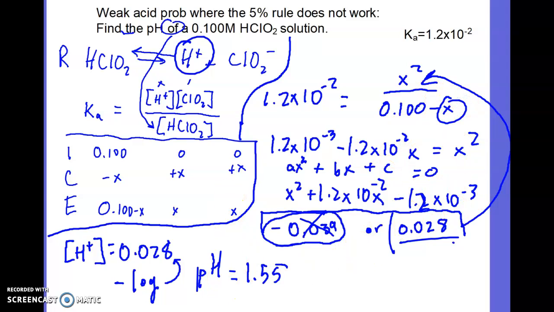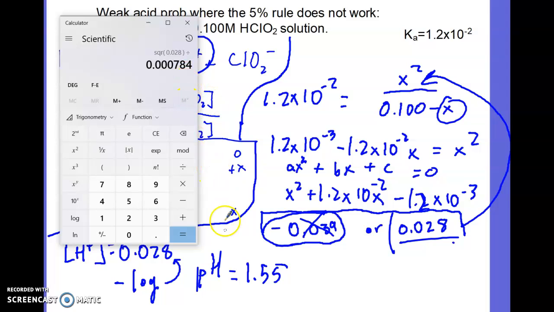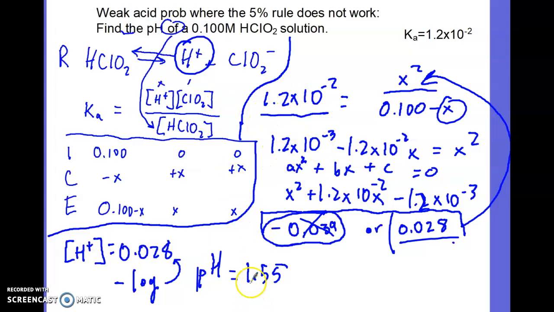So we don't want to divide by 0.1 yet. We want to have divided by 0.1 minus 0.028. What's that? So I get 1.011. So it's pretty close there.